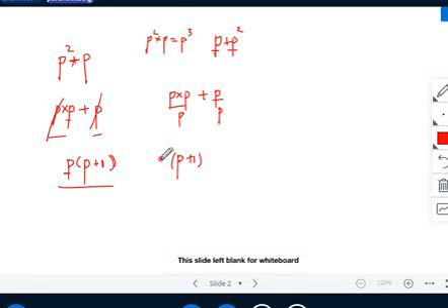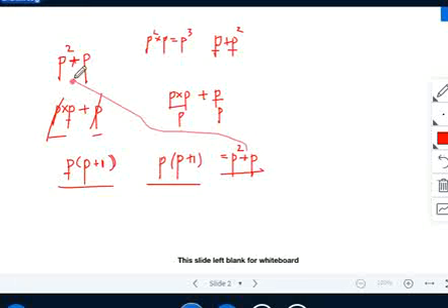Why do you have to divide by p? Because you have taken out p as common. If you factorize this, p times p will give you p squared, and p times 1 will give you p. So p squared plus p, you get the same back. Clear? Since it's in multiplication, that's why we have to divide, so that when we open the bracket, we get the same terms.